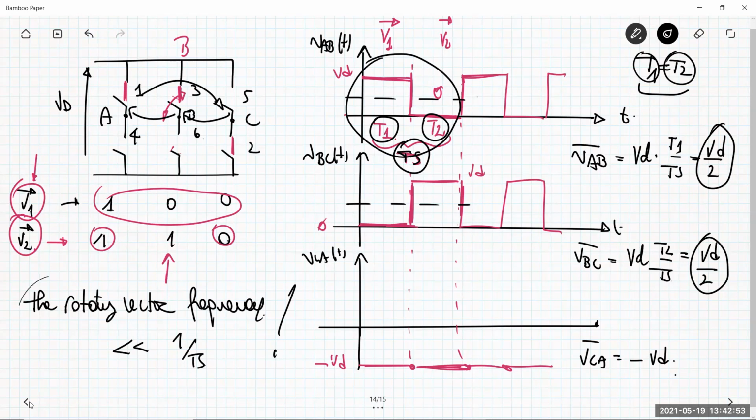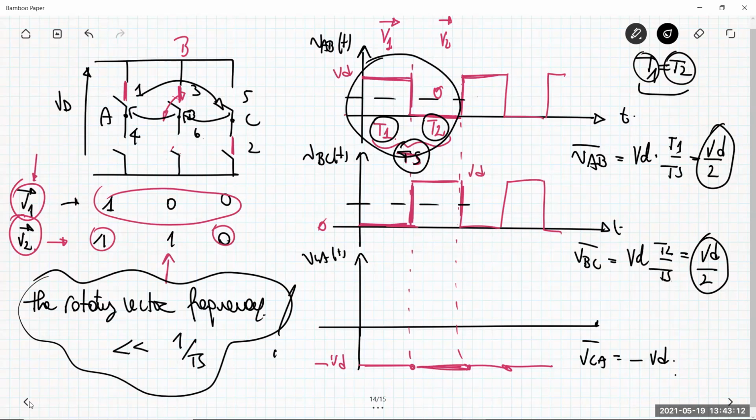But this condition that I just justified graphically is something that we already met in previous discussion. What is the rotating vector frequency? It is the frequency f1 that I want to get from my three-phase voltage system at the output, the low frequency, the fundamental frequency component of the output.